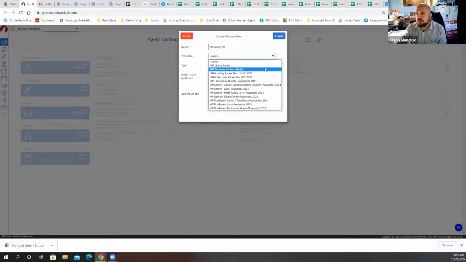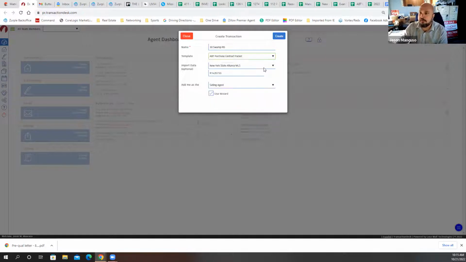You're going to go to ABT purchase contract packet. Our operations department will have one of these set up for you where everything that you need is available to you, so you don't have to go fumbling around and searching for everything.